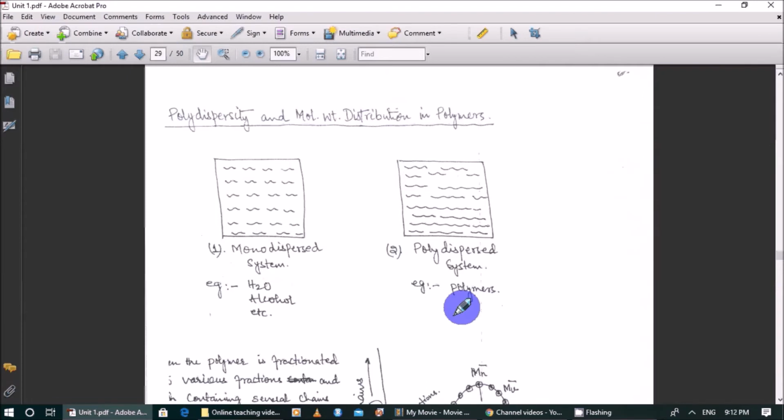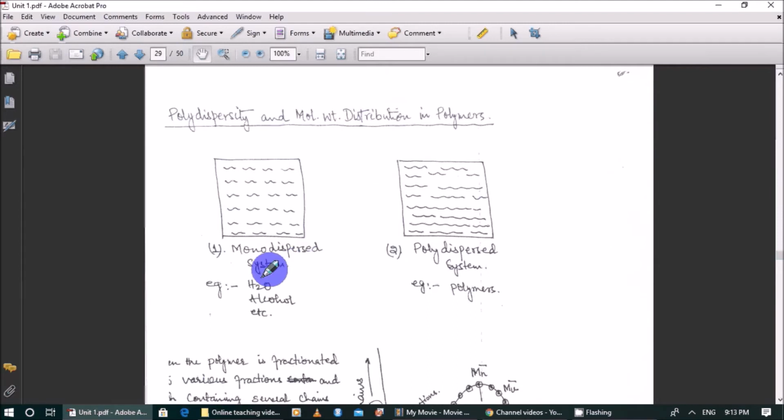Now comes the topic of polydispersity and molecular weight distribution in case of polymers. As we have already mentioned, dispersity or polydispersity means the variation in the molecular weight of the molecules. Here first we will see the example of a monodisperse system.